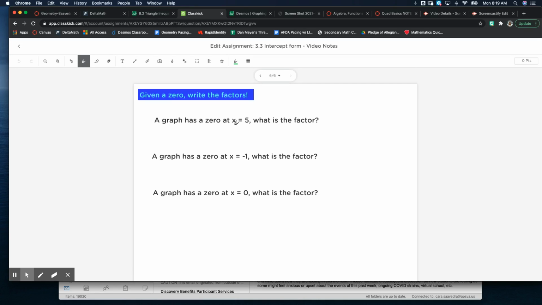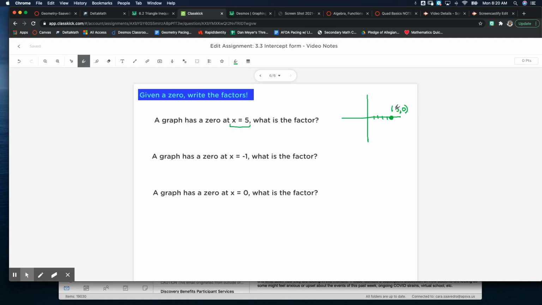All right. So now the last thing I want to talk about is: a graph has a 0 at x equals 5. What would the factor be? This is just working backwards a little bit. If I have a 0 at 5, what that tells me is that my graph is going to be crossing the x-axis at the point 5, 0.